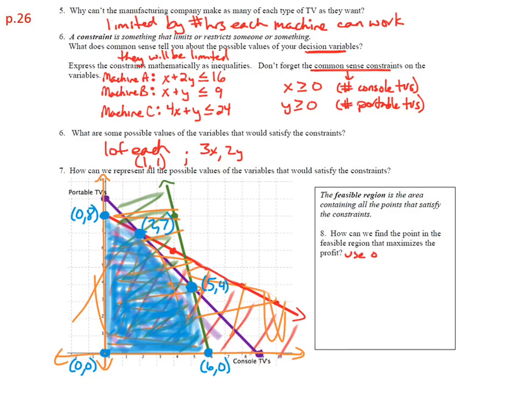So we're going to use the ordered pairs from our vertices on that feasible region that we talked about. So using the vertices on the graph of the feasible region, what satisfies all the constraints. So ordered pairs from the vertices on the graph that satisfies all constraints. That's our feasible region.